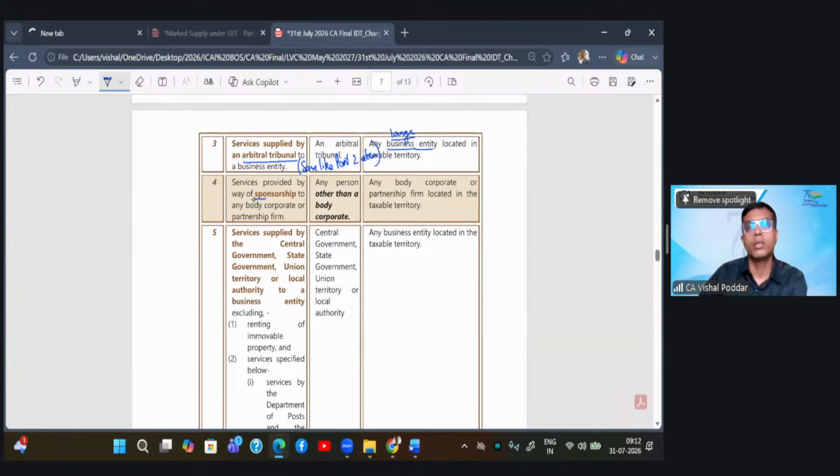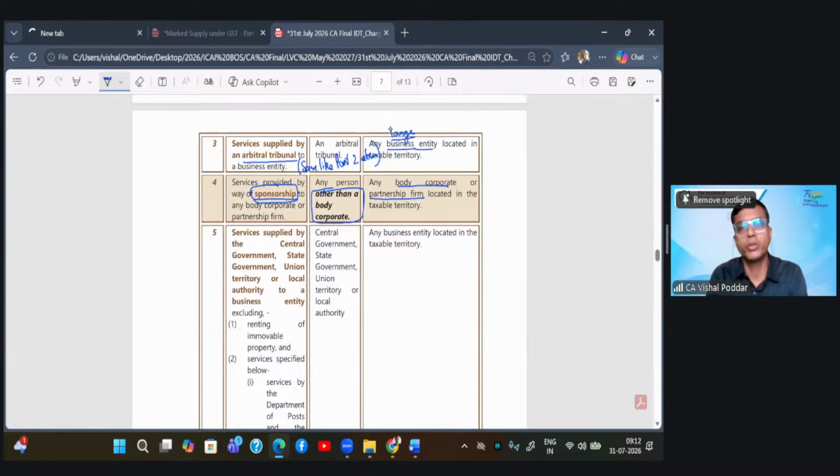Now we come to another service, which is sponsorship. Now in this case, the requirement is the supplier should be a person, not a body corporate, and the recipient should be a person who is either a body corporate or a partnership firm. Only when both these conditions are satisfied, then only sponsorship comes under RCM.